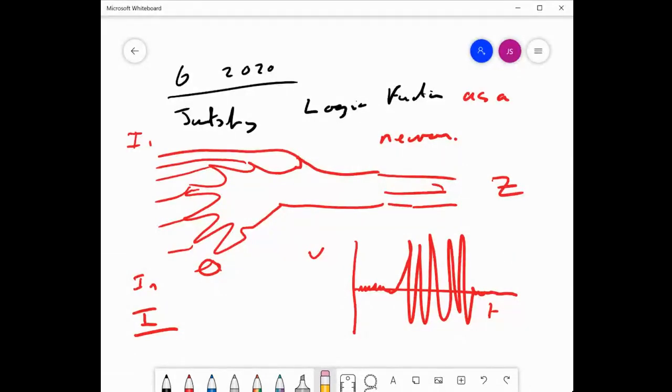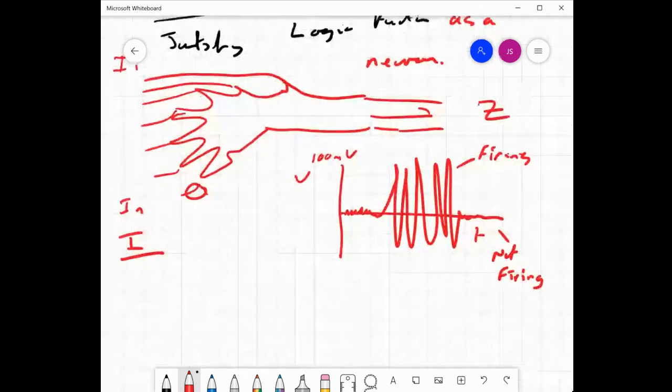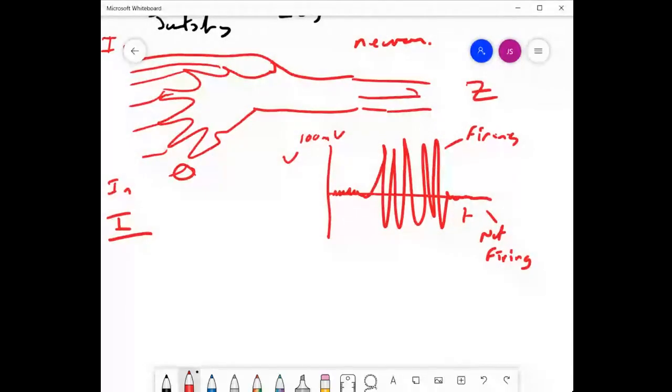Right. That was the voltage activity, and the voltage is not particularly high. The voltage can be about 100 millivolts. And if we call this firing, and we call this not firing, which the medical profession will agree with, engineers and doctors don't always agree, but we will agree on this.